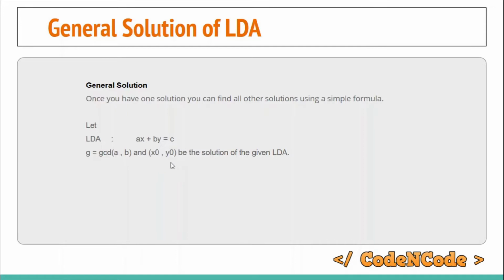Basically x0 and y0 is one of the solutions that you have found, most likely using extended Euclidean algorithm. So how can we find the rest of the solutions, because if a solution exists and you are not provided with any range, then there are infinite number of solutions? So how can you find the rest of the solutions?